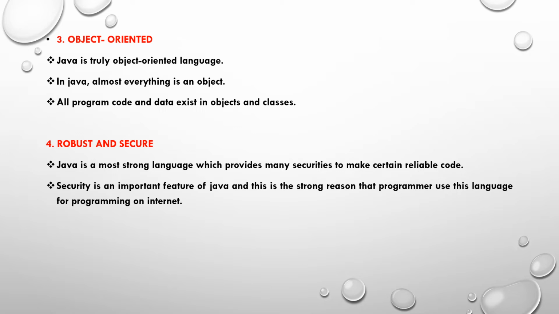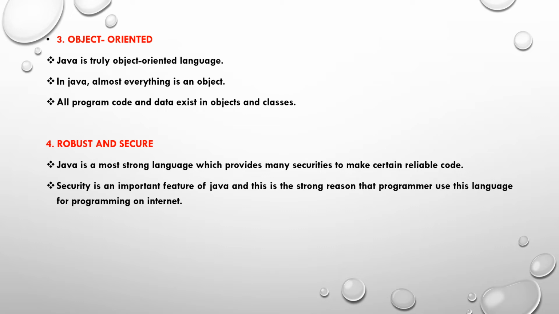Then go to the next feature, robust and secure. Java is a very strong language which provides many securities to make reliable code. Java includes the concept of exception handling, which catches the serious errors and reduces all kinds of threats of crashing the system.